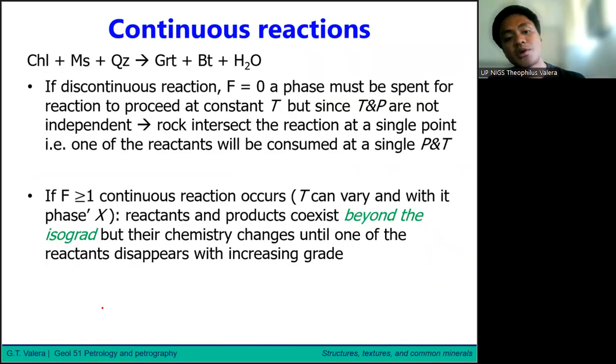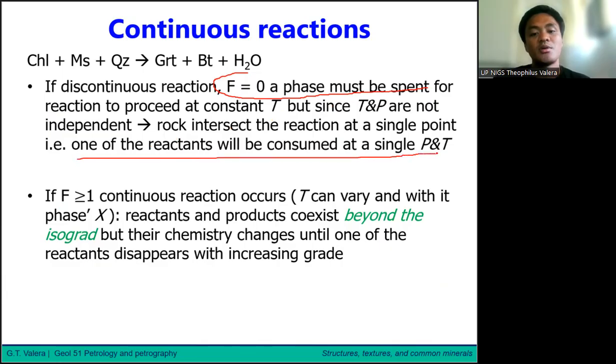So again, just a quick review. If the reaction is discontinuous, F equals 0. So that a phase must be spent for the reaction to proceed at constant temperature. But since temperature and pressure are not independent, one of the reactants essentially will have to be consumed at a single P and T if the reaction is discontinuous.